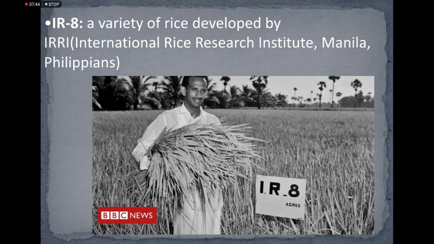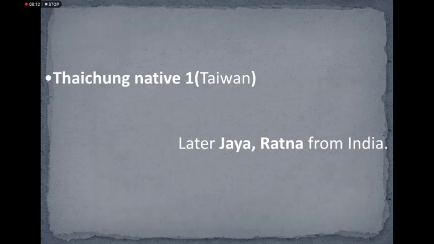IRRI is the short name of the International Rice Research Institute, Manila, Philippines. This institute produced IR8, which has a very important role in the field of agriculture. Then Taichung Native 1 is a variety produced locally by the Taiwan government. Later, Jaya and Ratna were produced in India itself. These, Jaya, Ratna, etc., are now also available in the market.